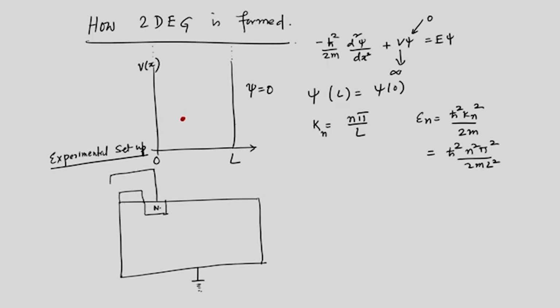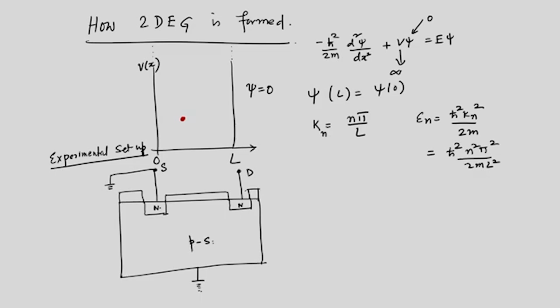These are MOS devices, the metal oxide semiconductor. I will tell you a very simple picture of that. So, this is the source, this is the drain.